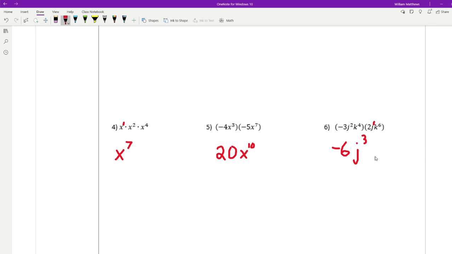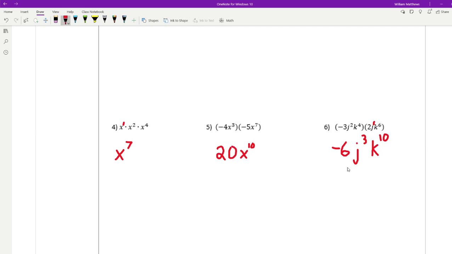And then my base variable k. Our exponents are 4 and 6 for the base k. 4 plus 6 is 10. So my final simplified monomial is -6 j cubed k to the power of 10.